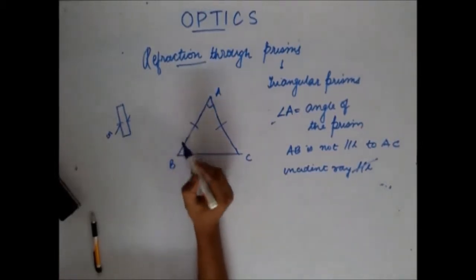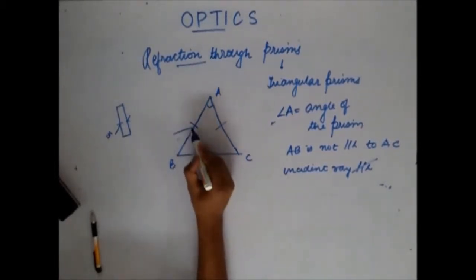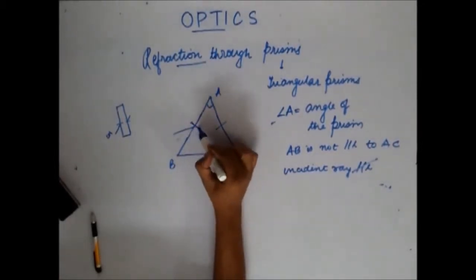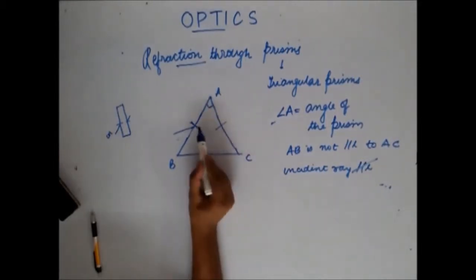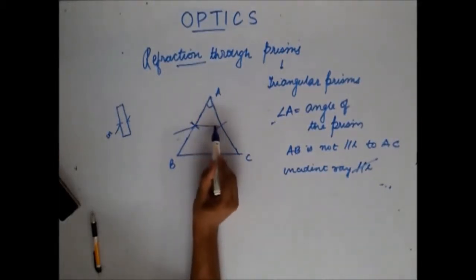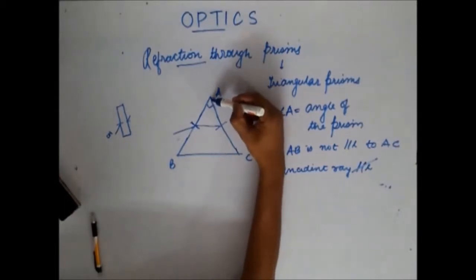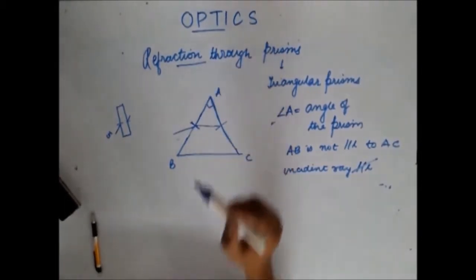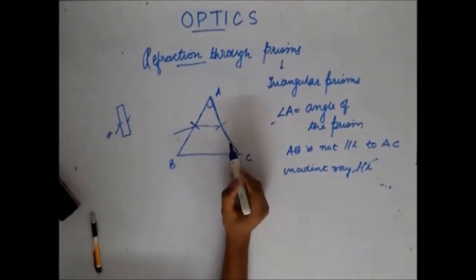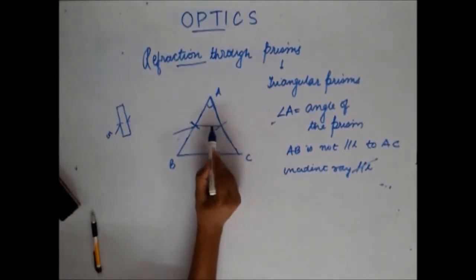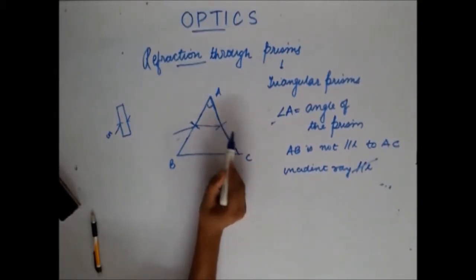Let's say an incident ray strikes the prism at this place. Now at this surface there is a refraction occurring, so it gets refracted. Now there is a second refraction occurring at this surface, right? And the light ray moves from the denser medium to the rarer medium.